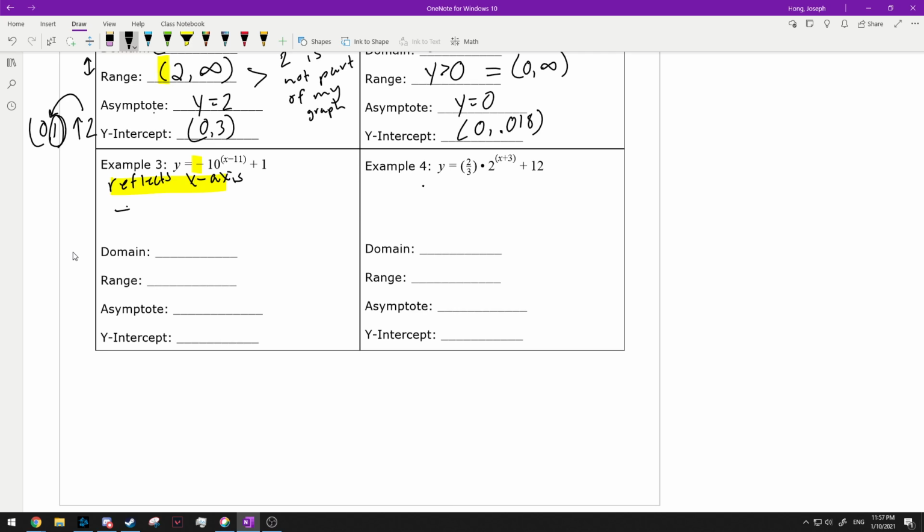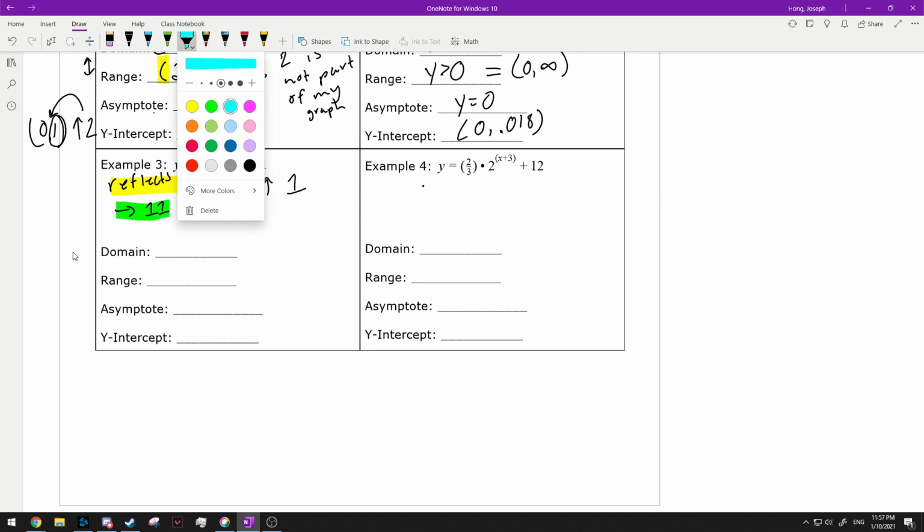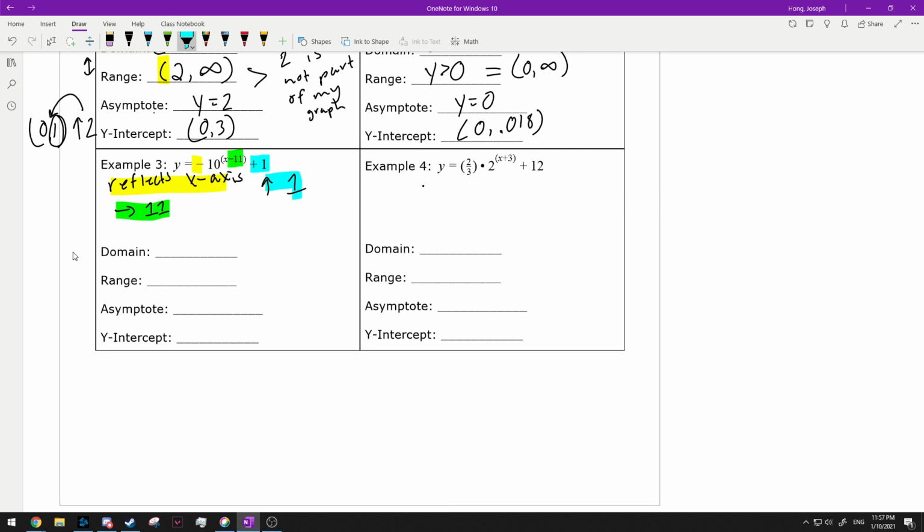It shifts to the right 11 units. And it goes up 1 unit.